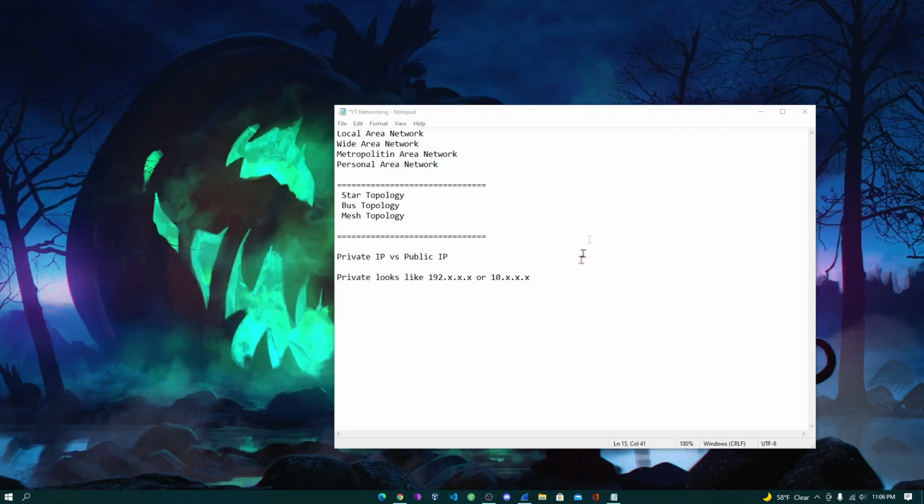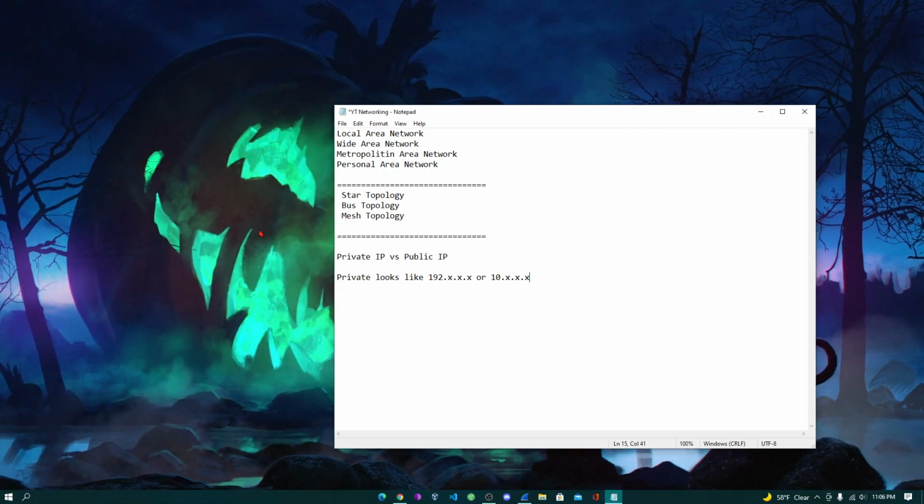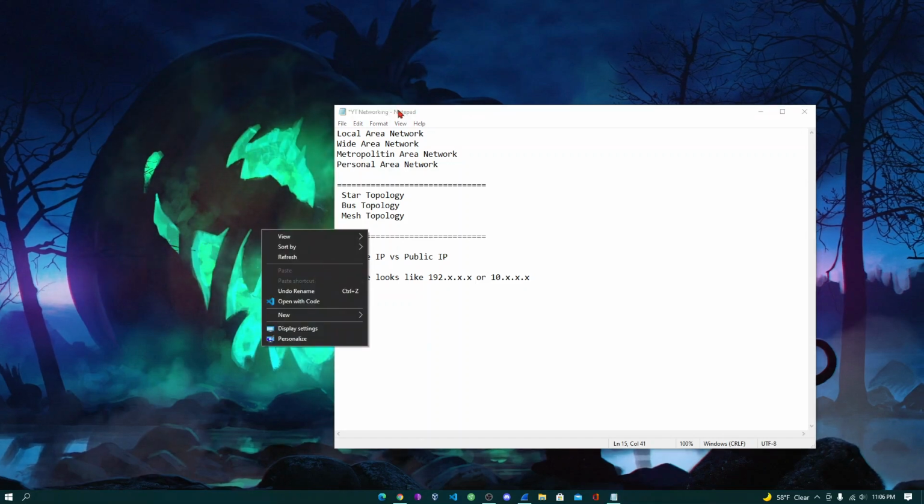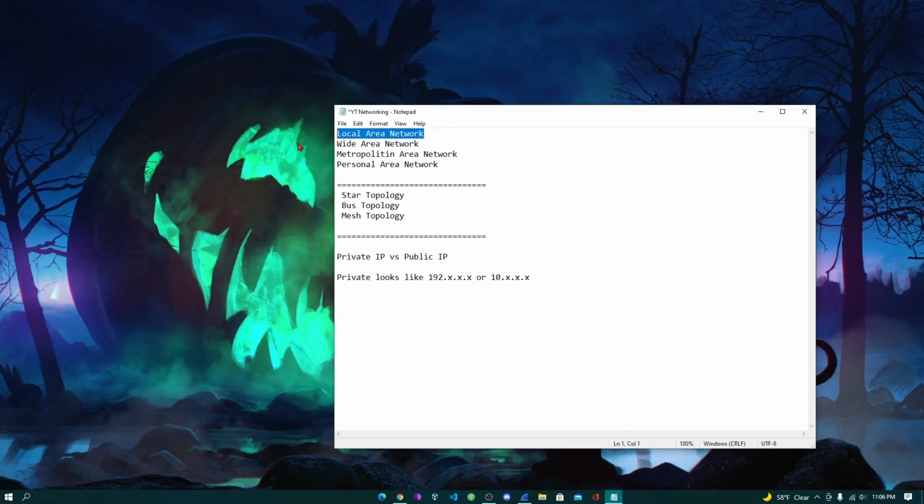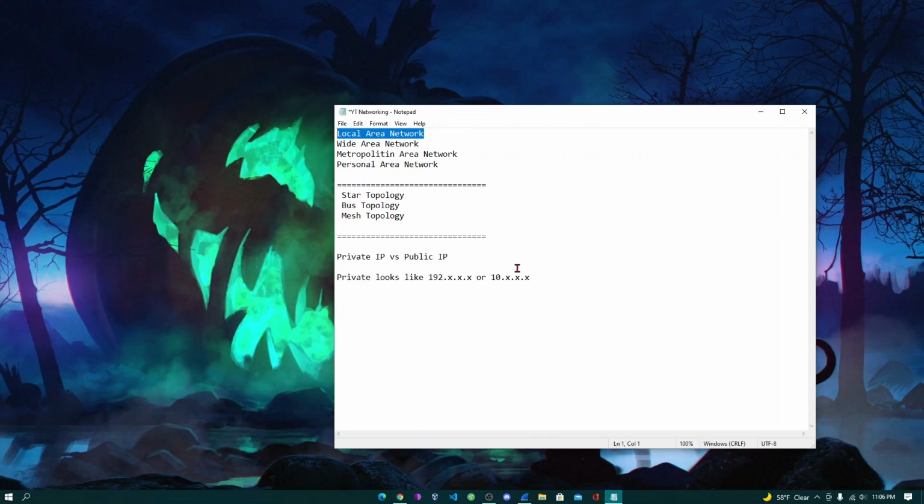So the very first thing each of you should understand is that there are different types of networks, especially keep in mind that there are networks within networks. So here in my notepad, we have local area network. This is most likely what you're using at home. Actually, it is what you're using at home if you have a router and then a couple different devices set up on that network.